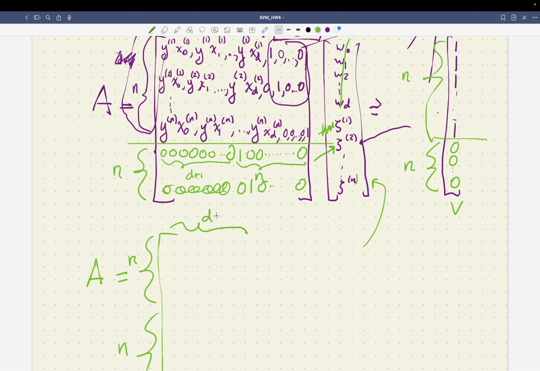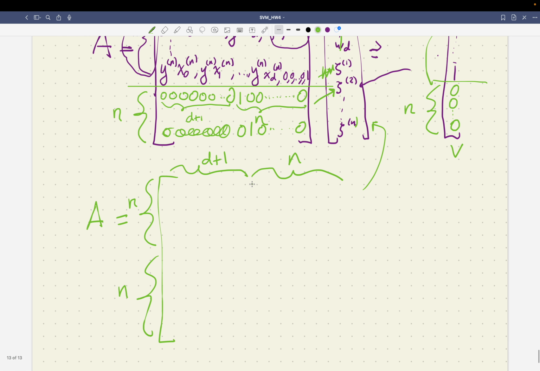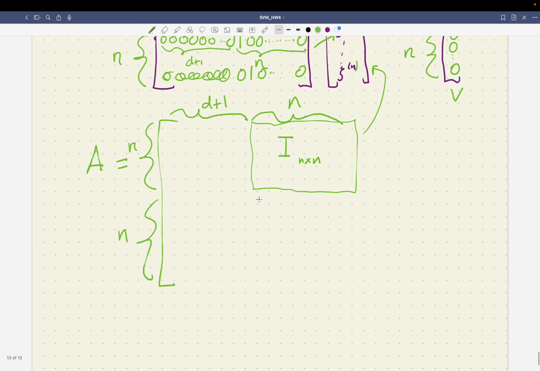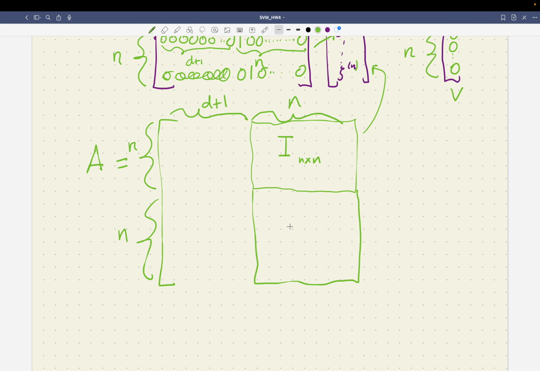There's going to be d plus 1 entries here, 1 for each weight vector. There's going to be n entries here. Okay, so we have this n by n part. And what that is basically going to be is the identity matrix, which is n by n. And then here, this is actually going to be exactly the same thing, another copy of the identity matrix, which is n by n.